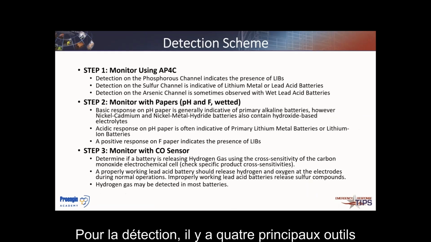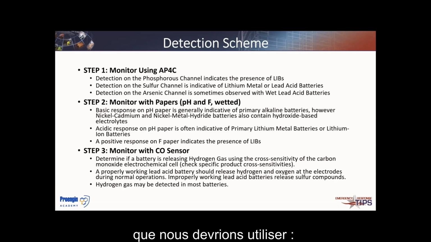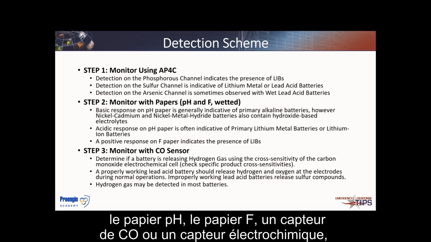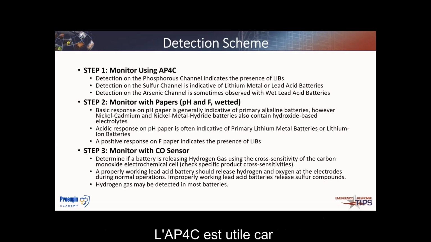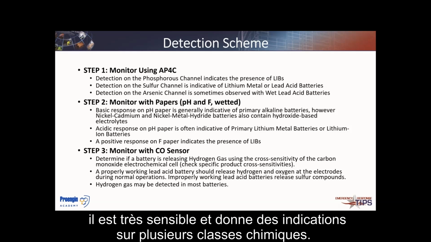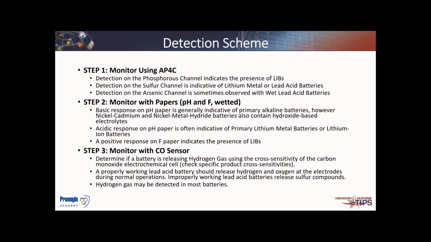So first, from a detection standpoint, there's really 4 major things that we'll talk about that should be utilized. That's your pH paper, your F paper, a CO sensor or electrochemical sensor, and then the AP4C. The AP4C is helpful because it's very sensitive, but it also gives you an indication of a variety of the chemical classes that would be seen from these.